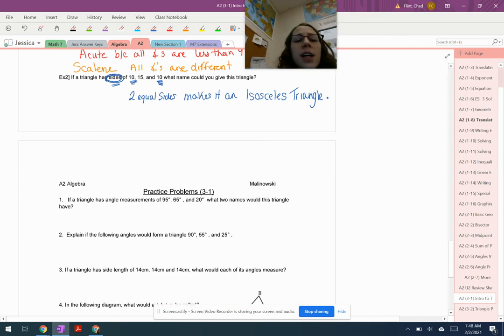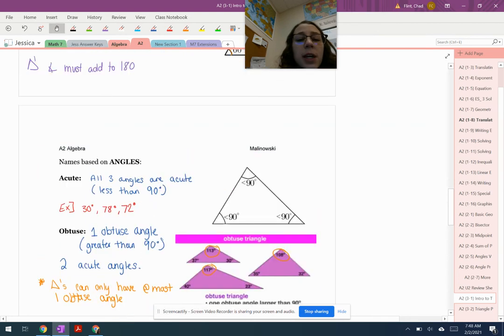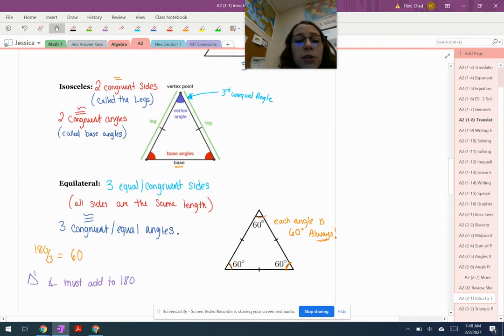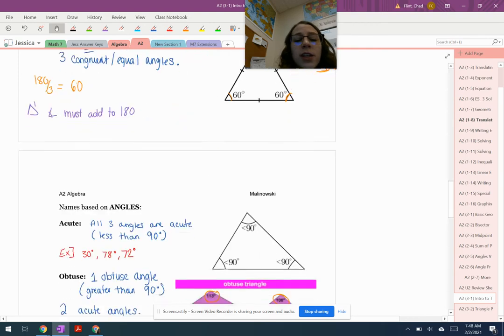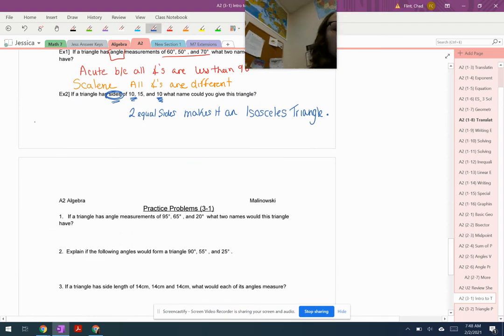And if it's isosceles, I don't know if we have enough information to determine if it is acute or obtuse. Because I believe we could have a triangle that has angles with 25 and 25, which would be 50, which would make the other angle have to be 130.